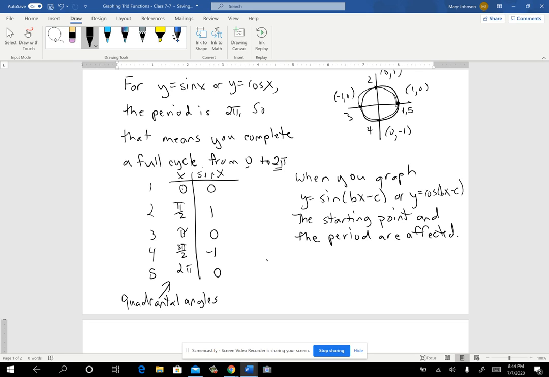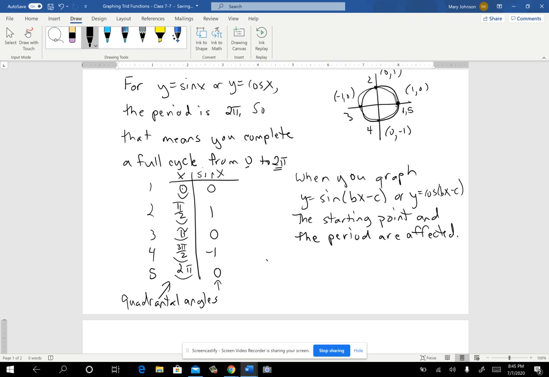But what is great is if you can figure out where to begin and where to end, and then you know how to break it up to get those 5 points, then you will wind up knowing what the output would be, because you can just use what you did in the most basic case, the 0, the 1, the 0, the -1, and the 0.